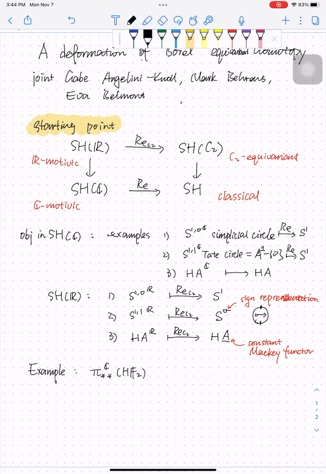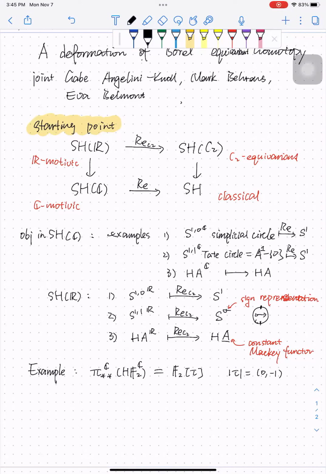In the C-motivic case, if I take the C-motivic Eilenberg-MacLane spectrum associated to F2, this is F2 adjoin a polynomial generator tau, and tau is in degree 0, -1.